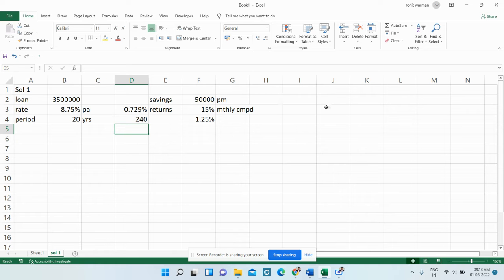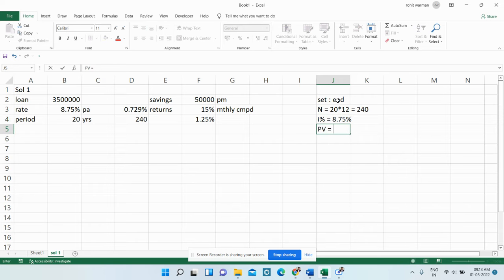Now, first we go with the Excel approach and then the calculator. On the calculator, you will find all this set. N will be 20 into 12, where you will get 240. Your I percent is 8.75.